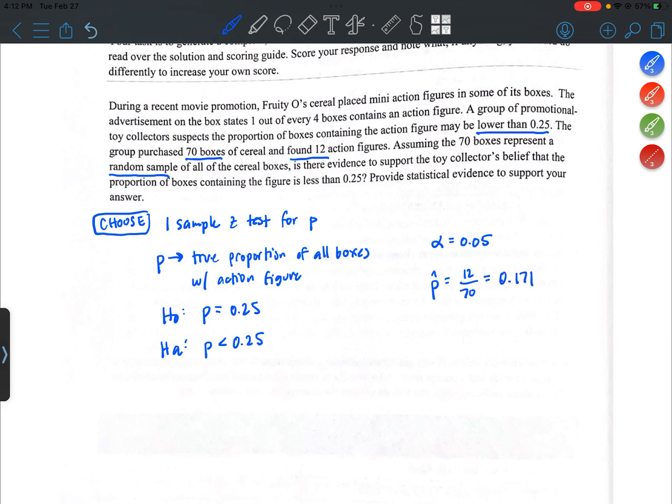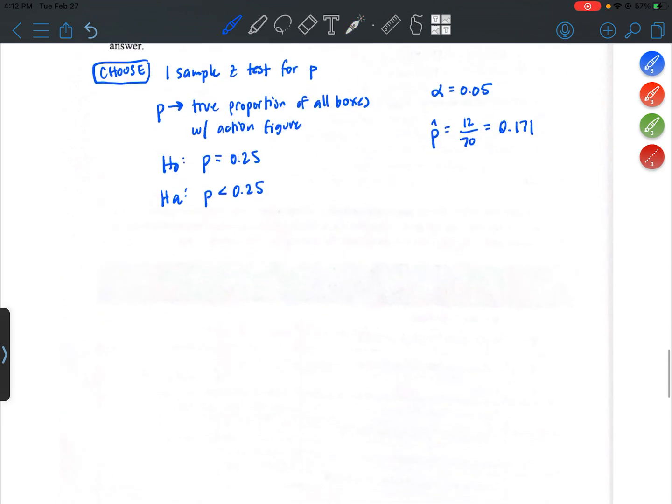There are actually more digits, but I rounded it there. Right now we have some evidence for the alternative because 0.171 is, technically speaking, less than 25%. But we don't yet know whether it is statistically significant or not, so we proceed to the next step.